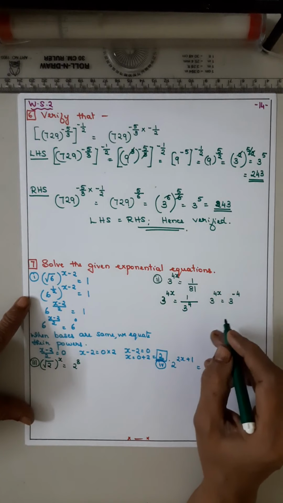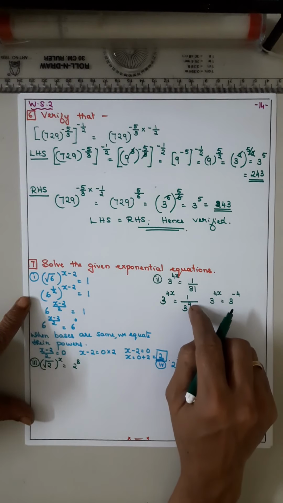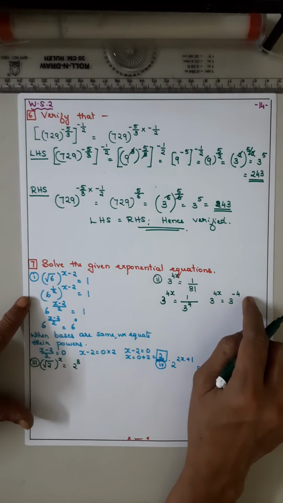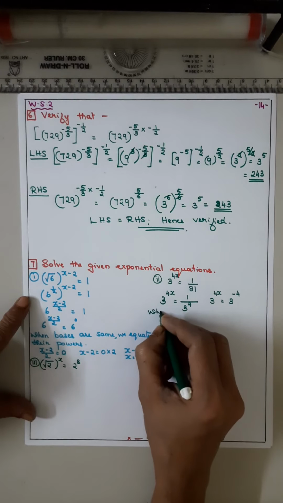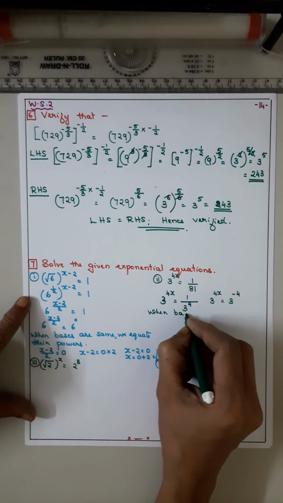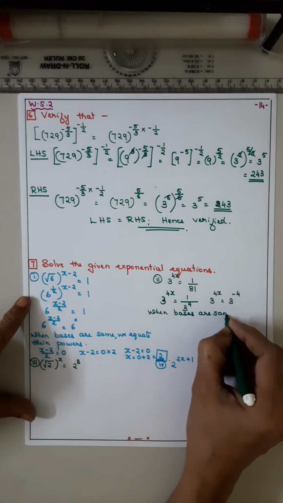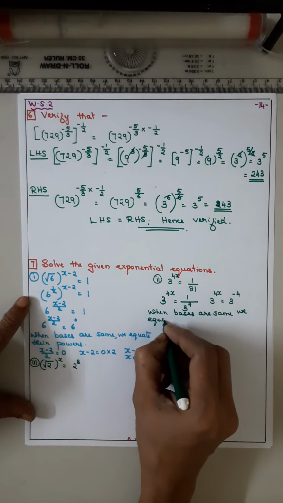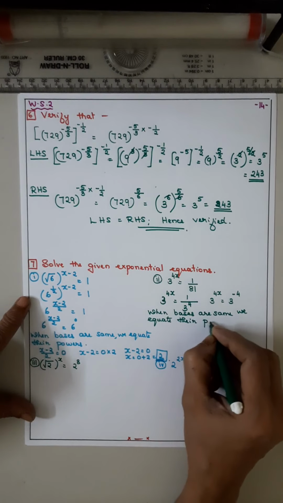Reverse of the negative powers. So if it is in the denominator, 3 to the power 4, when you take it to the numerator, it becomes minus 4. 3 to the power minus 4. Now we will write when bases are same, we equate their powers.